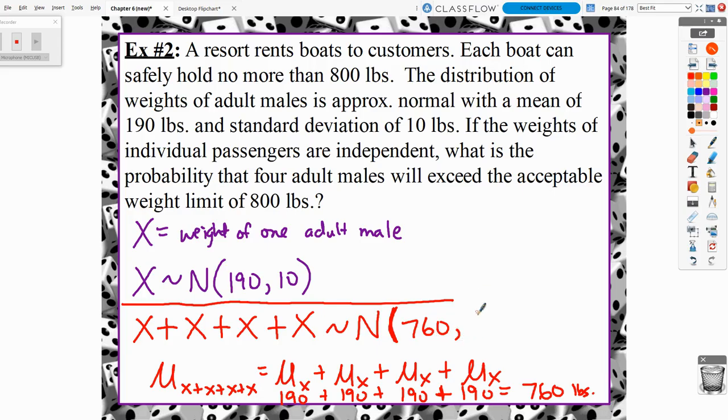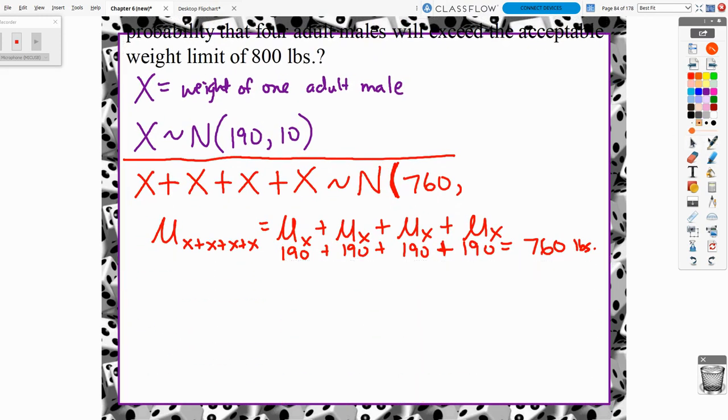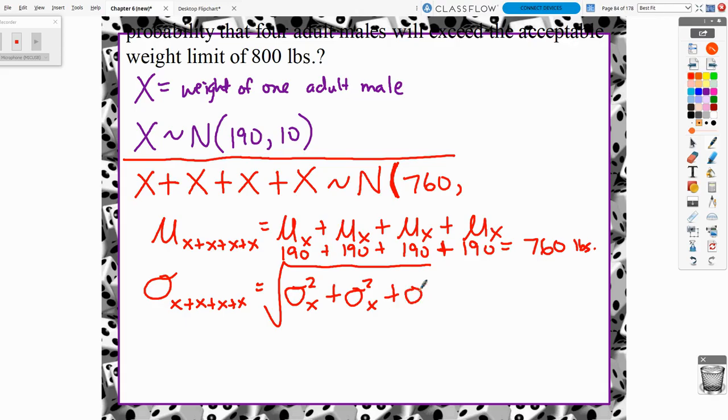What's the standard deviation? All right, so let's move all this stuff up here. So now sigma of X plus X plus X plus X. So we said square root. Now normally we just had one standard deviation squared plus another standard deviation squared, but we've got 4 of these. So it's going to be sigma squared of X plus another sigma squared of X plus another sigma squared of X plus another sigma squared of X. But what does each of these sigma squared X's represent?